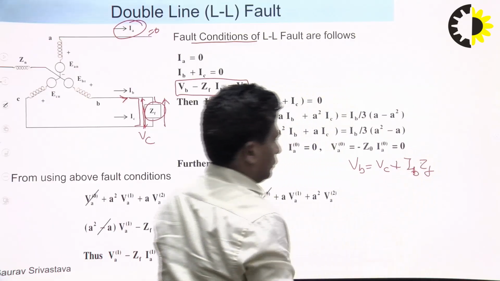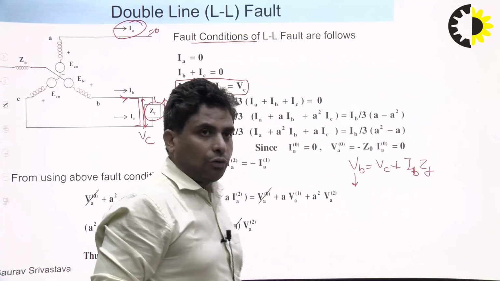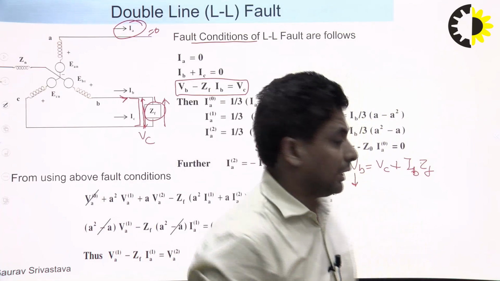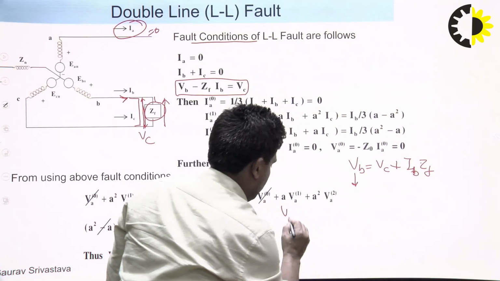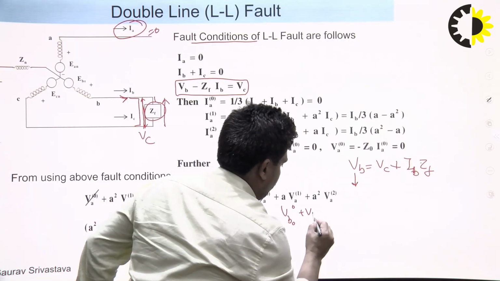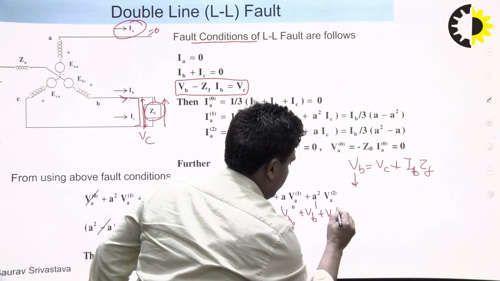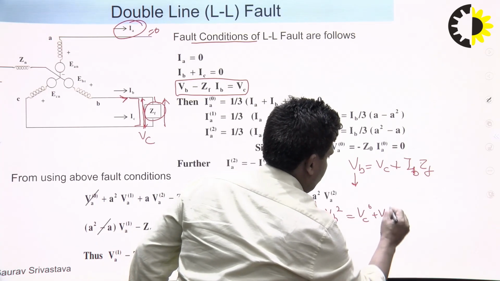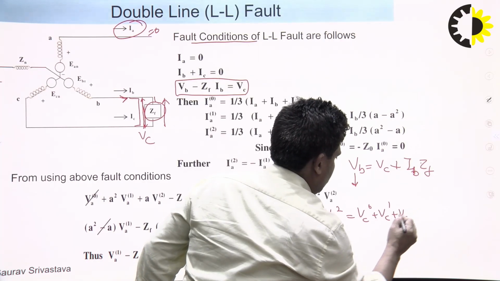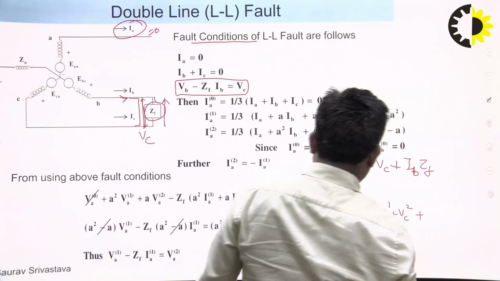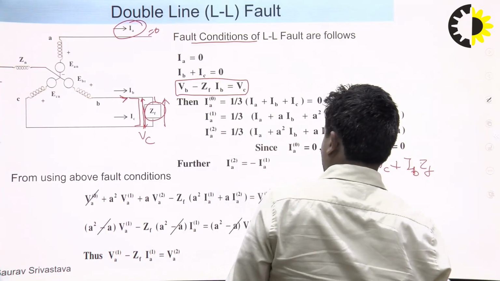Clear? So just put this value, how the phase value is derived, or you can say distributed, as VB0 plus VB1 plus VB2 is equal to VC0 plus VC1 plus VC2 plus IB ZF. Put the value of IB.